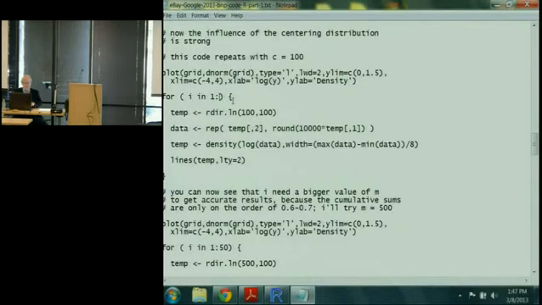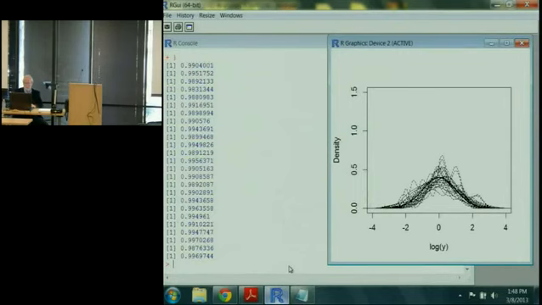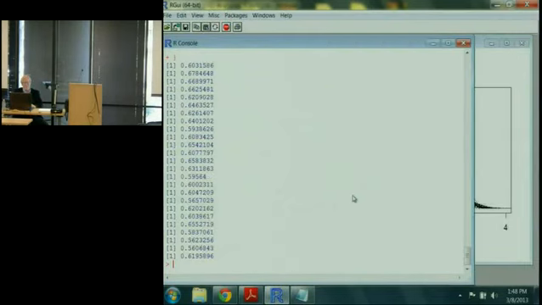And again, I'll stick to only 25 draws from the prior. And now pretty much every draw should look quite a lot like the standard normal, except we're not allowed to look at them yet because look, all the cumulative sums from the stick breaking are only adding up to some number around 0.6. And so that means that we don't have enough terms in the finite sum that approximates the infinite sum.